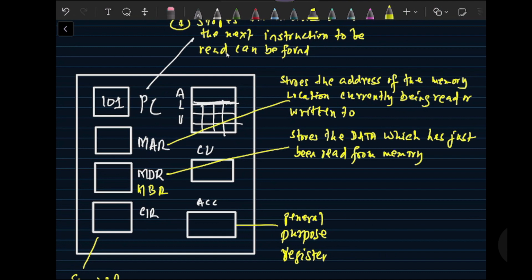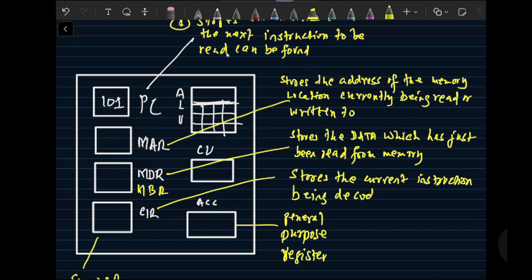Then the CIR stores the current instruction, the current instruction being decoded and executed.